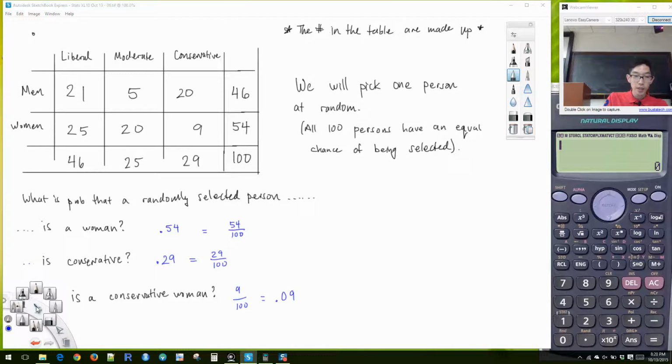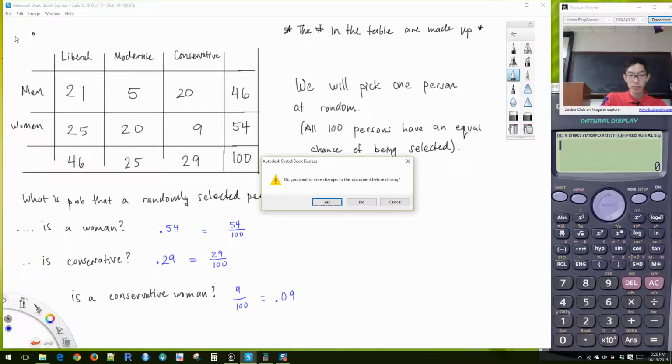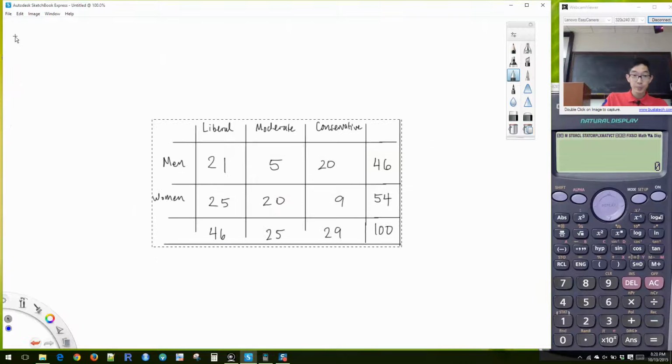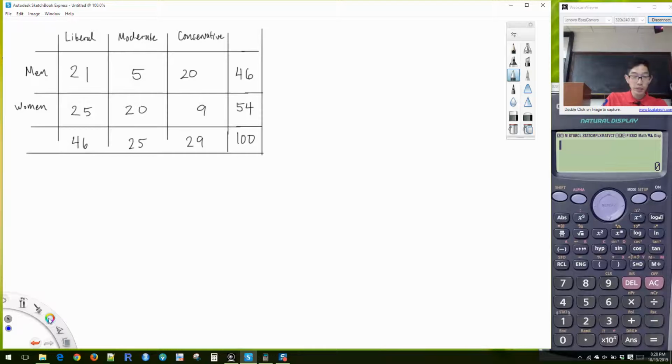Now, I'm going to copy this table onto the next slide, okay? Can I go on? Next slide? Okay. So I'm going to move this over to the next slide, and I'm going to say I pick a person, okay? I have randomly selected a person.